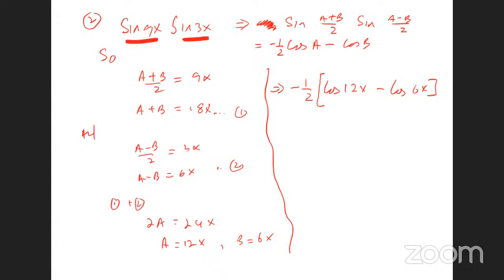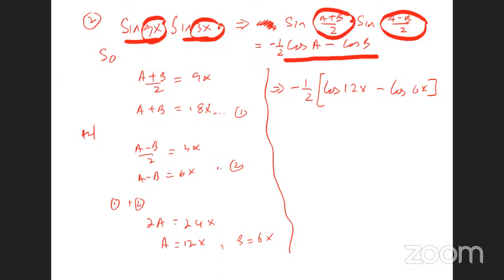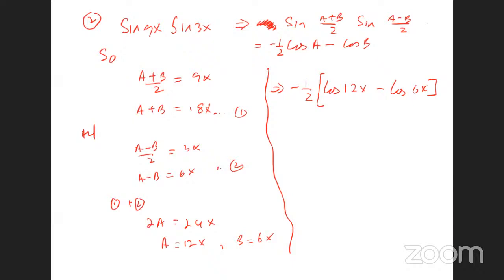So I compare this to minus a half cos A minus cos B, I equate the 9x with this, I equate the 3x with this, and then solve for A and B. Don't forget to remove the minus 2.